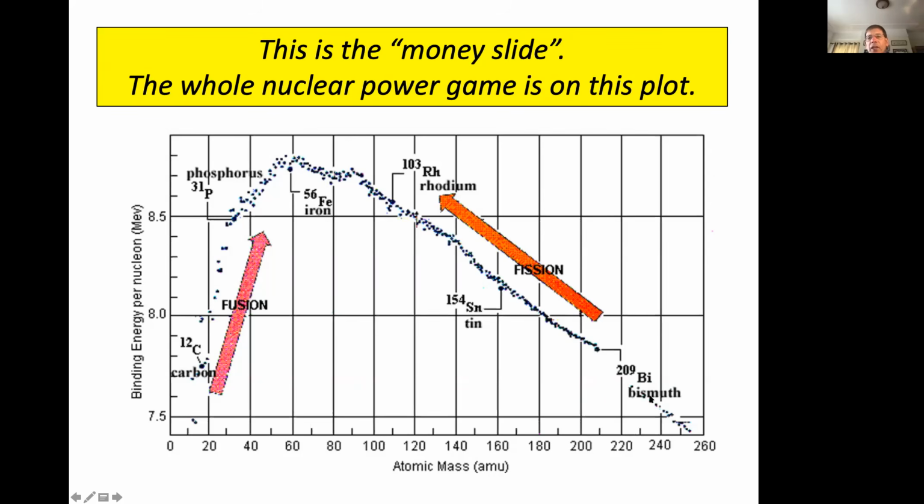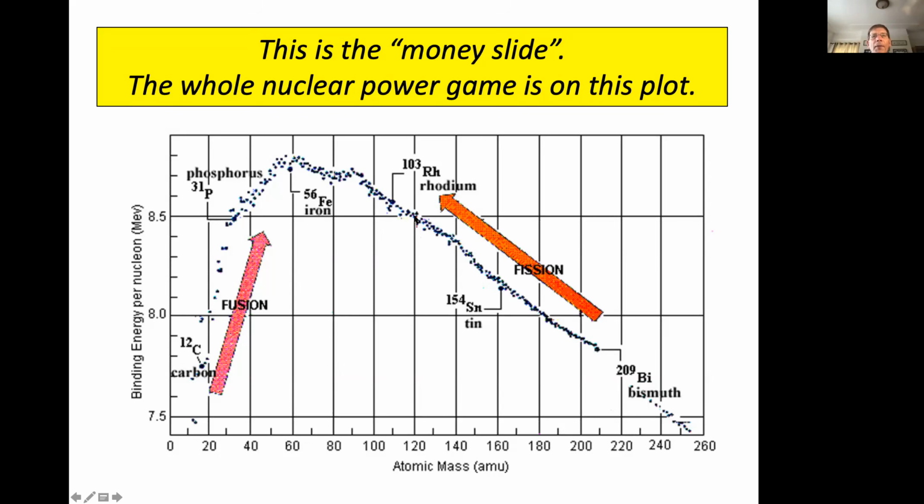Now, simplistically, let's just take something that's mass 240, roughly, a nice round number, and split it into two parts of 120 each. They, in fact, tend not to come out exactly in two equal parts. But if I now look at 120, you see that the binding energy per nucleon is 8.5. So I went from 7.6 to 8.5.